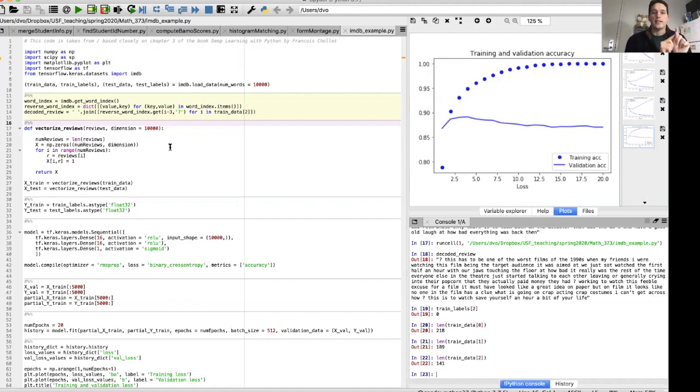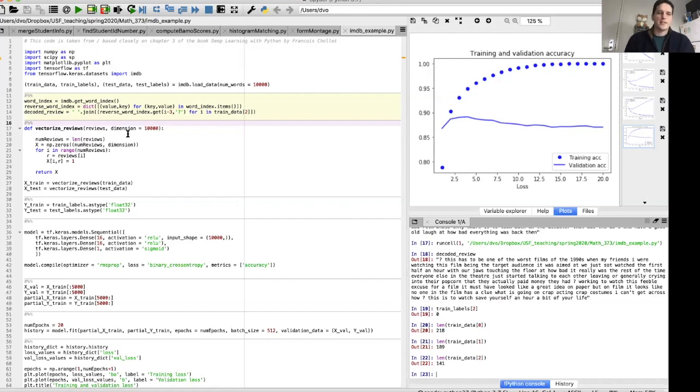Otherwise, the first component of this feature vector is going to be 0. The ith component of this feature vector is going to be set equal to 1 if the ith word in the dictionary appears in the movie review. Otherwise, the ith component of our feature vector is going to be set equal to 0. That's how we'll construct a feature vector that describes a movie review.